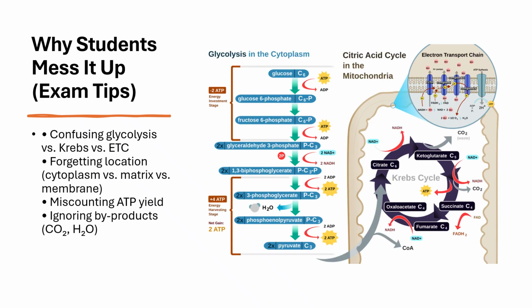Let's be real. This topic can trip students up. Common mistakes include mixing up glycolysis versus Krebs versus the ETC or electron transport chain, forgetting where things happen, cytoplasm versus mitochondrial matrix versus inner membrane, miscounting ATP yields, or forgetting the byproducts like carbon dioxide and H2O.